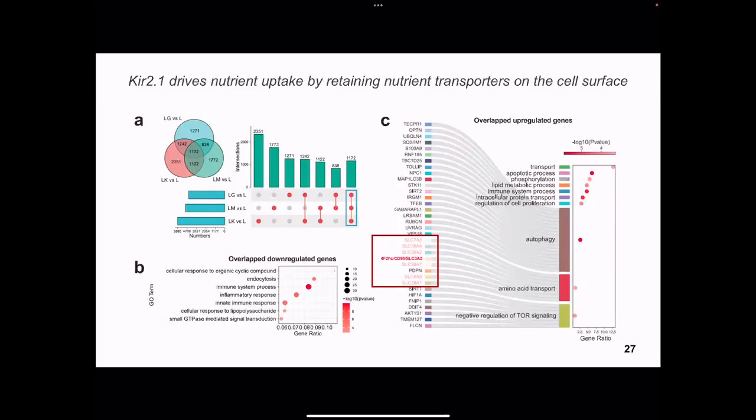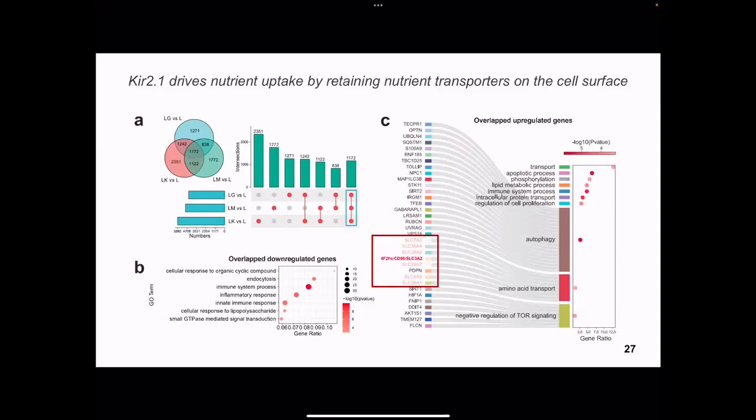As expected, the common regulated genes were mostly related to the inflammatory response, and common upregulated genes were enriched in the key pathways of metabolic adaptations in response to nutrient starvation, such as autophagy, amino acid transport, and negative regulators of mTOR signaling.